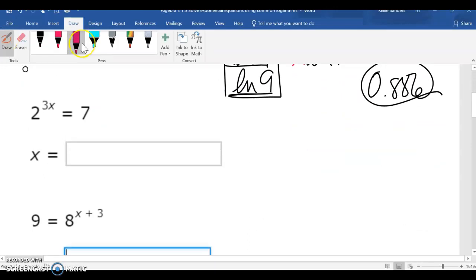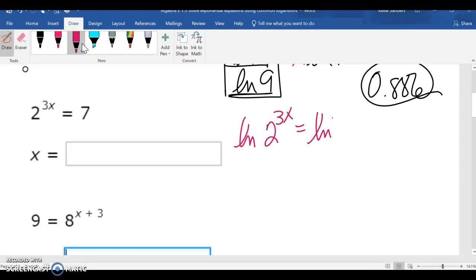Okay. So to get the 3x down, we're going to natural log both sides. So now the 3x can come down.